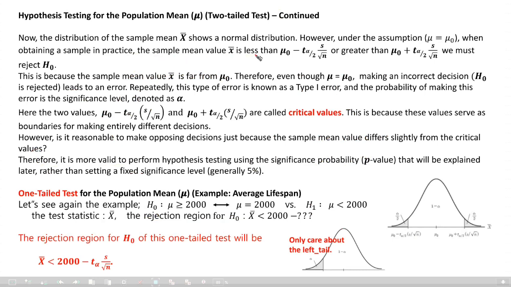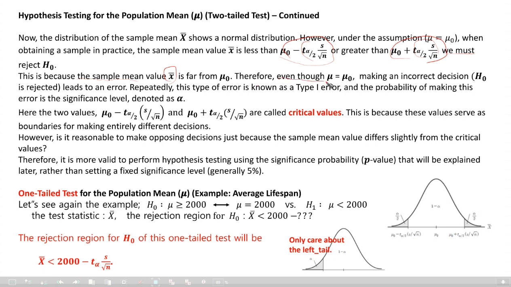Understand it, I think. Okay, let's see a little more about this. If the sample mean X bar is less than mu 0 minus t alpha over 2 times S over square root n, or greater than this value, then we must reject H0. This is because the sample mean value X bar is far from mu 0.